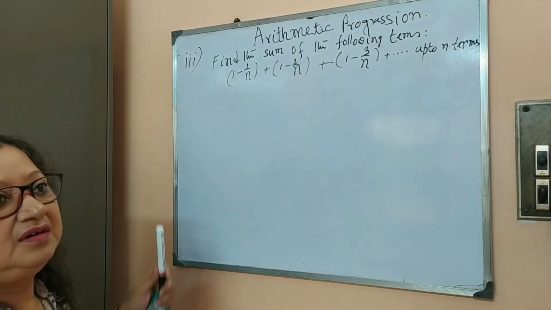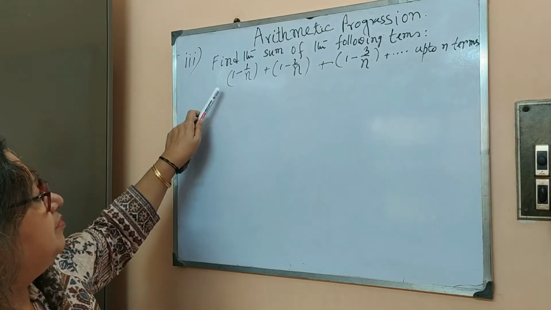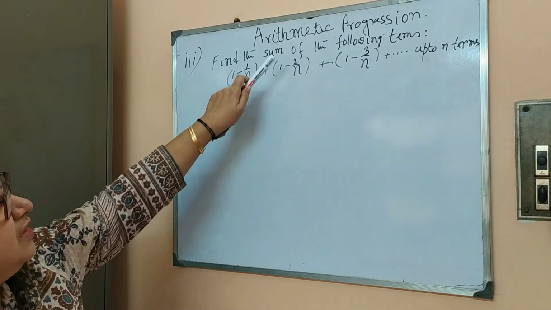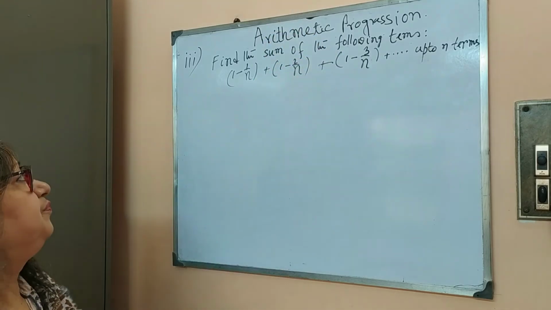Okay. The third sum is, find the sum of the following terms: 1 minus 1 by n plus 1 minus 2 by n plus 1 minus 3 by n plus up to n terms. Okay.